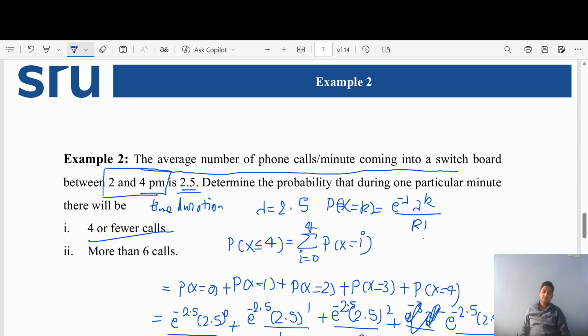So if we evaluate these things by calculator, we are done.